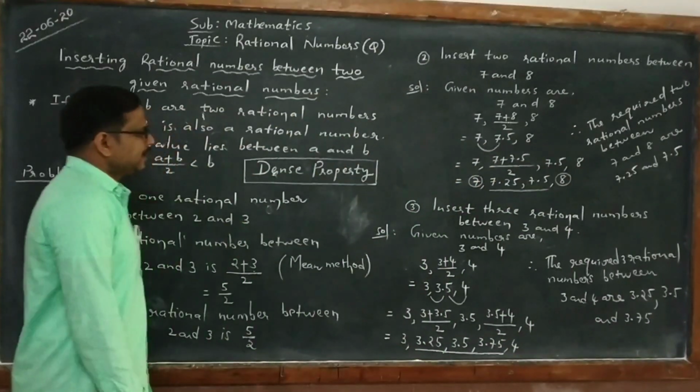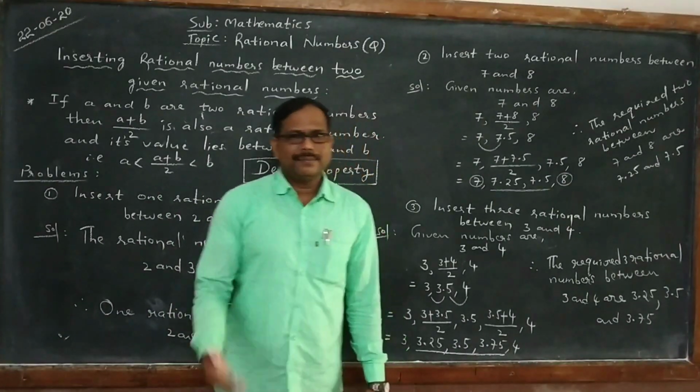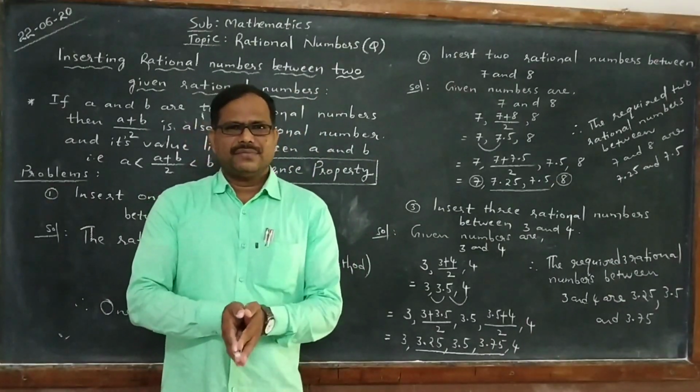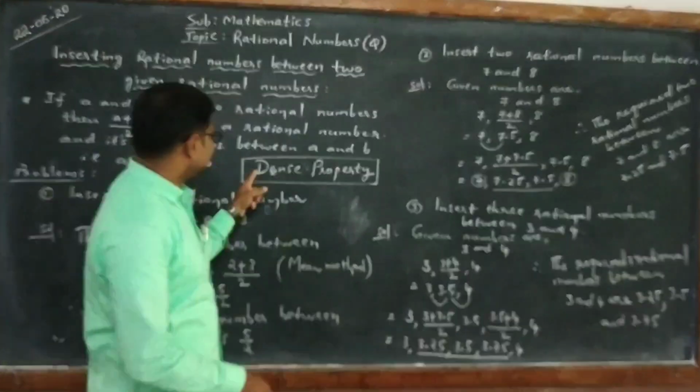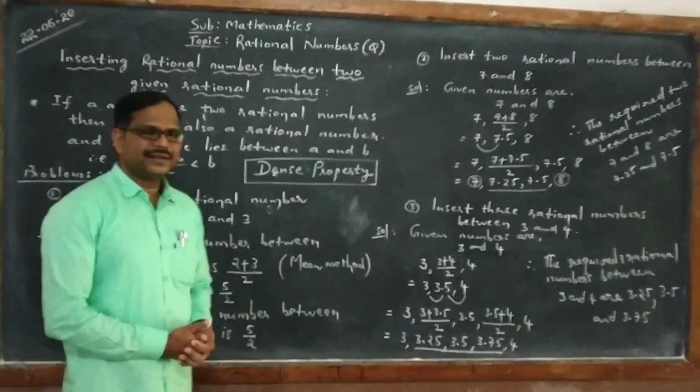Okay, this way we can find an unlimited number of rational numbers between two given rational numbers, and this property is called dense property. Remember this. Hope it is clear. Thank you.